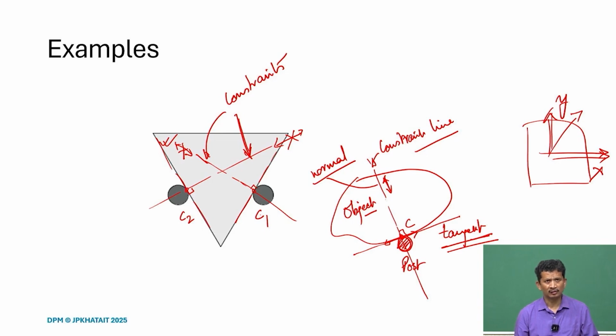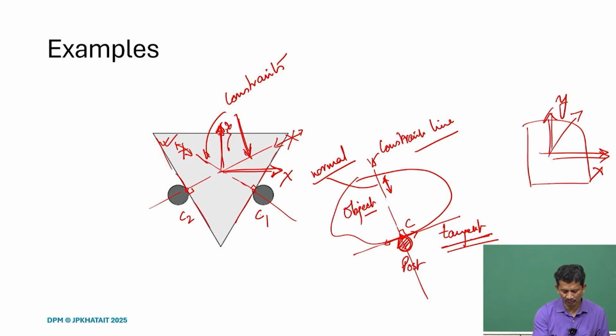If I define a coordinate system x and y here, we can resolve and say that the translation along x and translation along y is now restricted. Of course, we assume that there is enough nesting force in this case, so that the contact is always there.